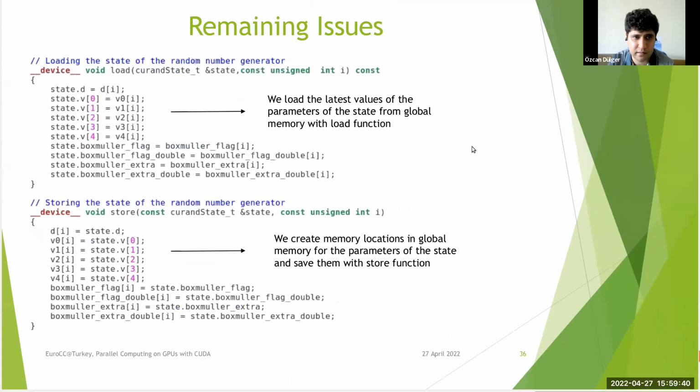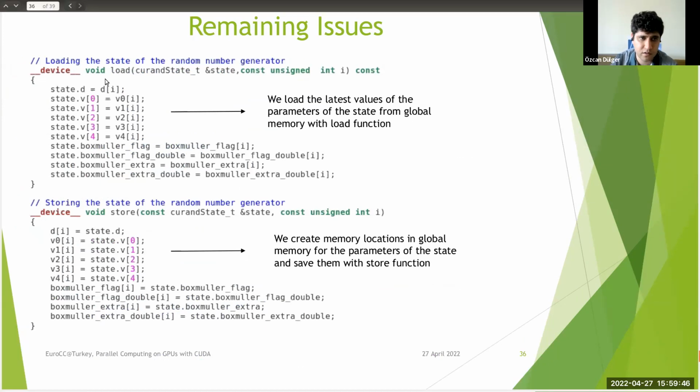Okay, these are the parameters of the states of the random number generator. We are getting the current value of the parameters of the state here into our global variables. We load the latest value of the state from the global memory in a coalesced way.